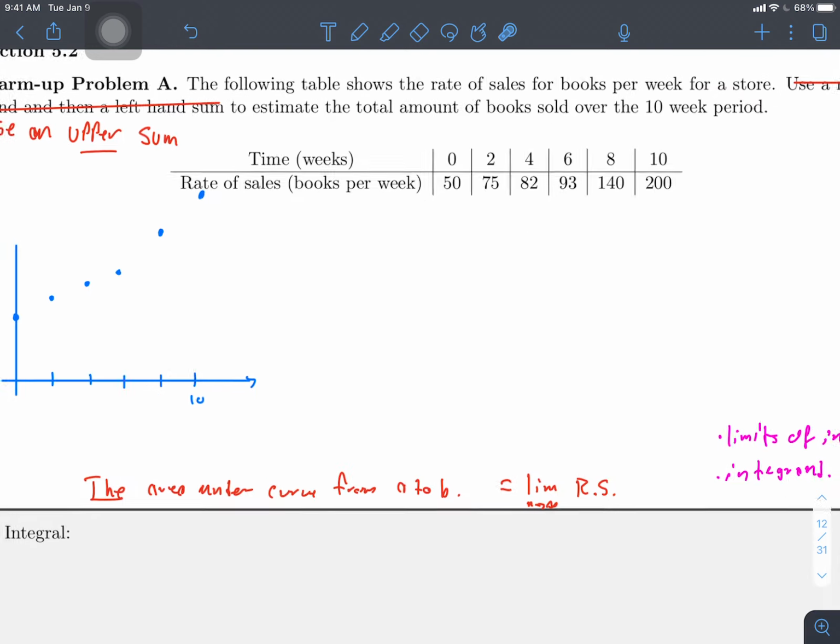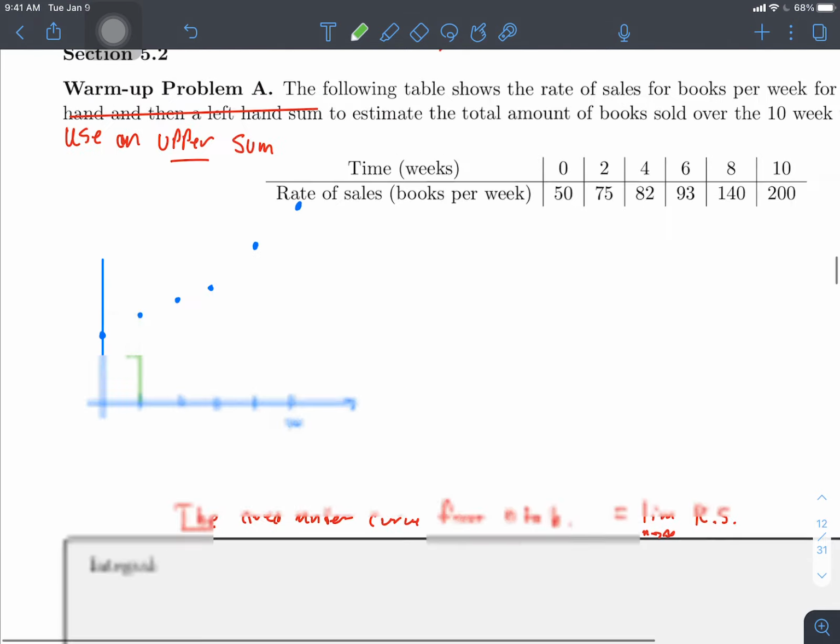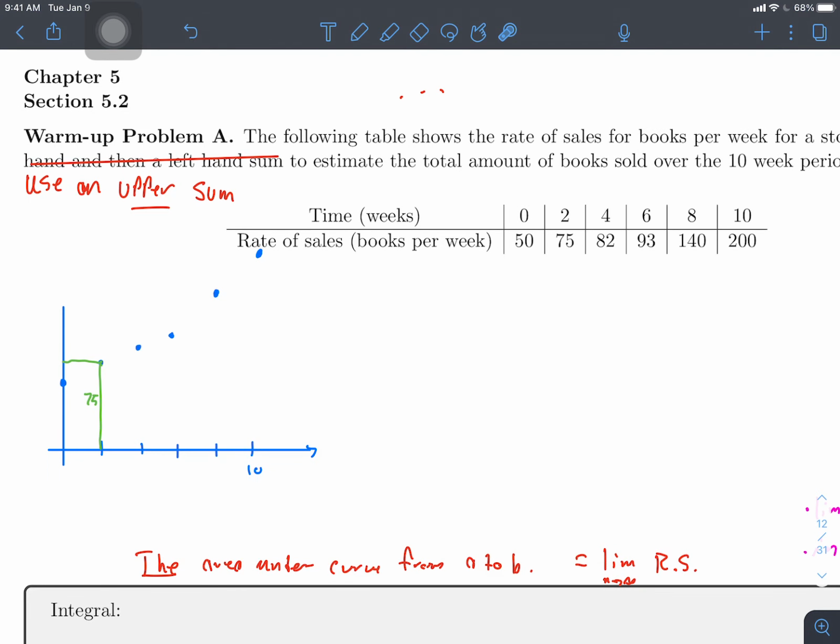So for the first subinterval, I'm going to choose the height to be whichever is higher between the function values on the left and the right. In this case, it's the right, so I choose 75 as my first one. And then for the second subinterval, I choose whichever one is higher. Again, it's the one on the right. So I choose 82 as the height of my second rectangle.